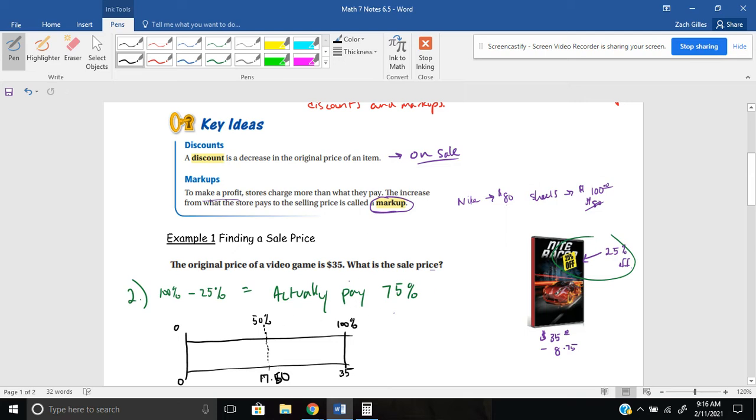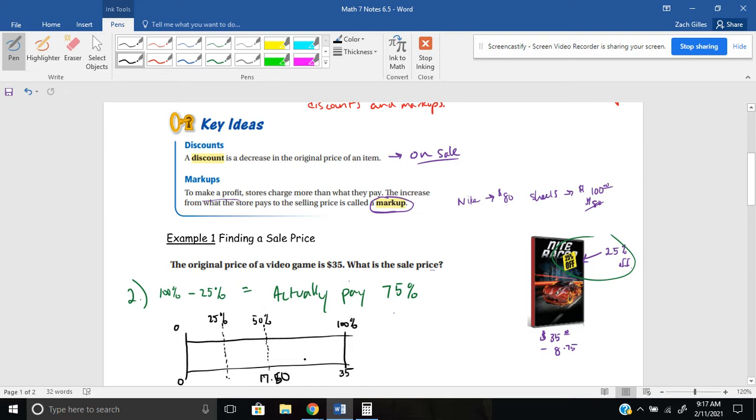Okay. Well, if I wanted to know 25%, 25% is half of 50%. So I could find 25% of 35 by taking half of my half. 25% is half of the half.